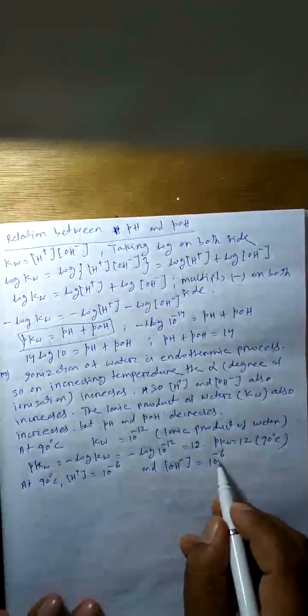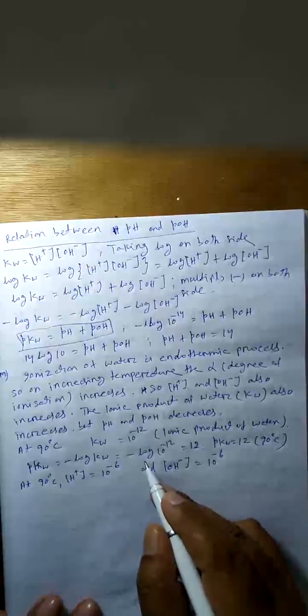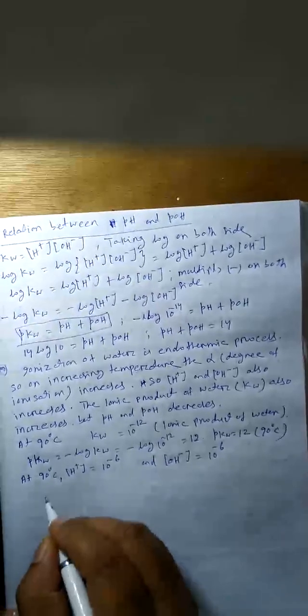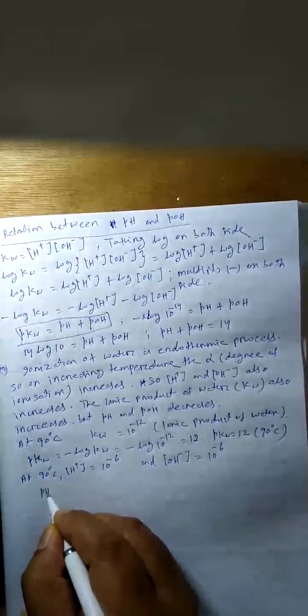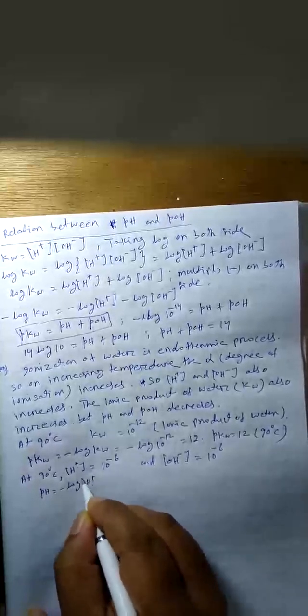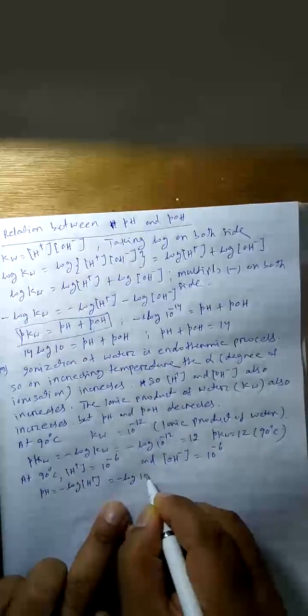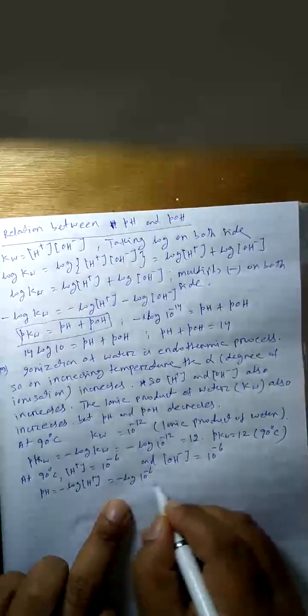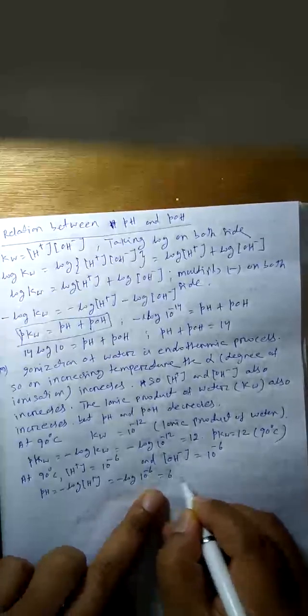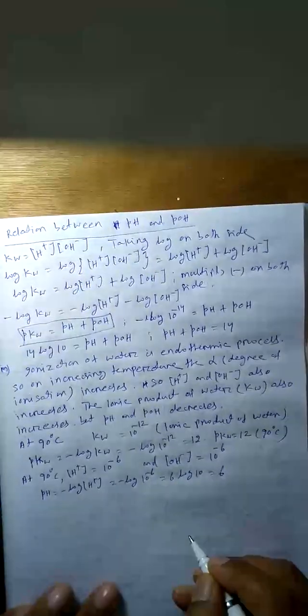So at 90 degree centigrade both concentrations increase, but pH is equal to minus log H plus ion concentration, is equal to minus log 10 to the power minus 6, which is 6 log 10, which is equal to 6.